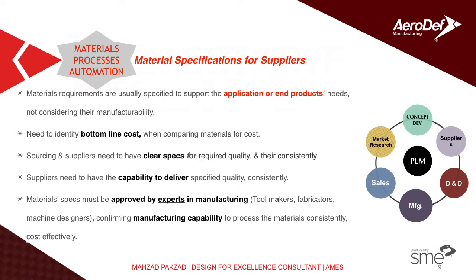Companies are scared of raw material costs, so they go buy the cheapest raw material, then they end up spending a lot of money on scraps. The suppliers need to have a clear understanding of what specification is acceptable by the production, by the equipment.